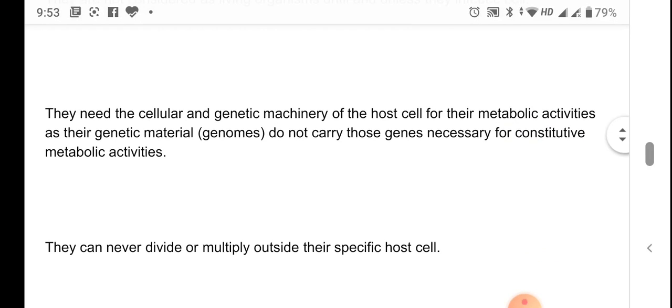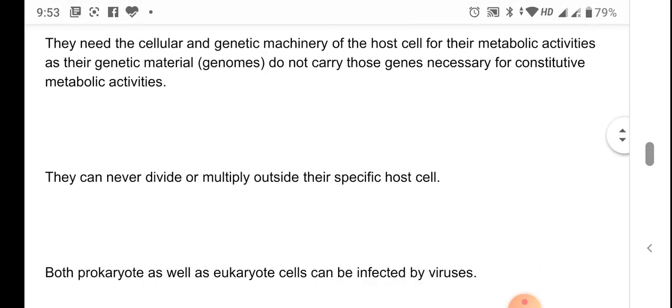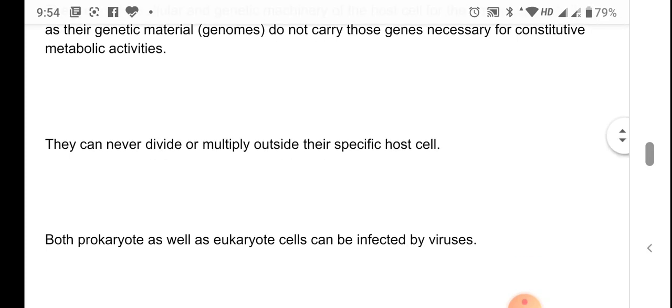This is because their genetic material, their genome, which may be RNA or DNA, the nucleic acid present in the virus, does not carry the genes necessary for metabolic activities. So they depend on the host genome to carry out metabolic activities, and they cannot divide or multiply outside the specific host cell.